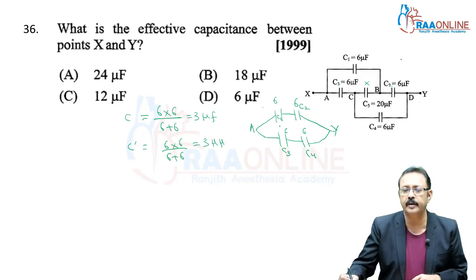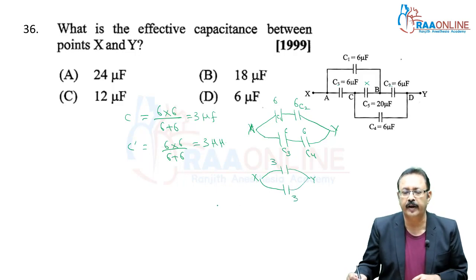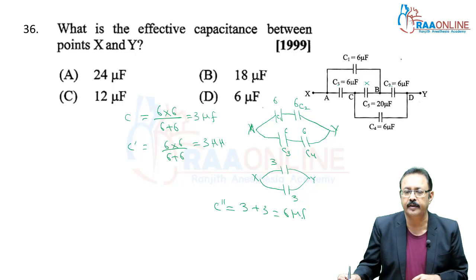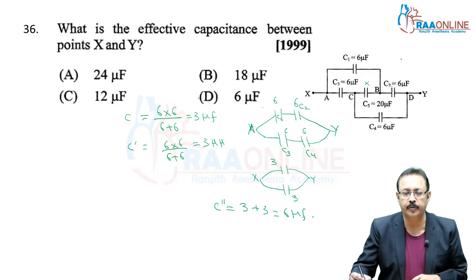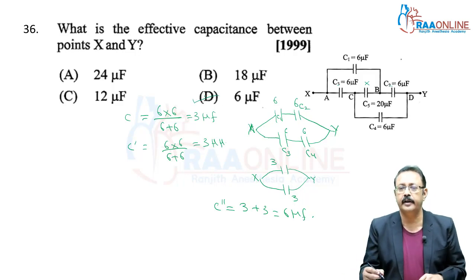And this combination is in parallel with this combination, so from X it is 3 and again 3 to Y. So these two are in parallel. The final capacity should be 3 plus 3, 6 microfarad. So we will go with option D.